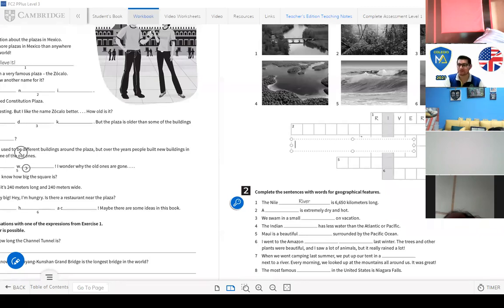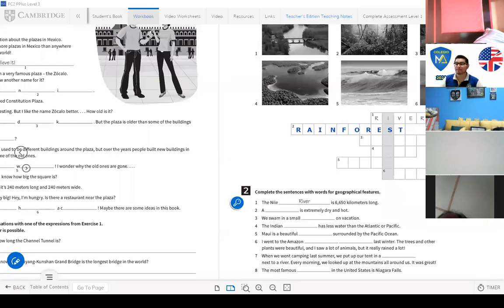You have here the answer. Jess, is it correct? The rainforest, right? Here you have the answer, rainforest.